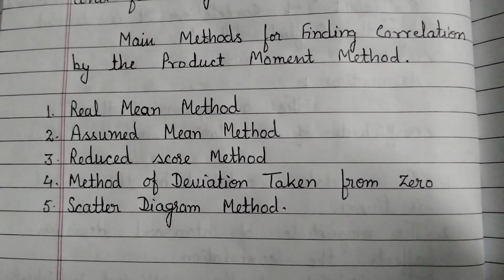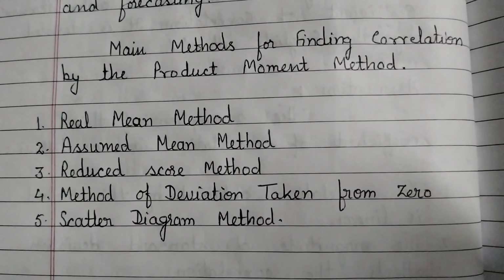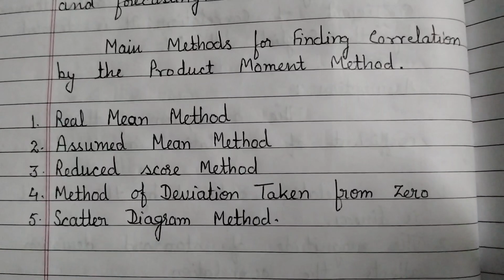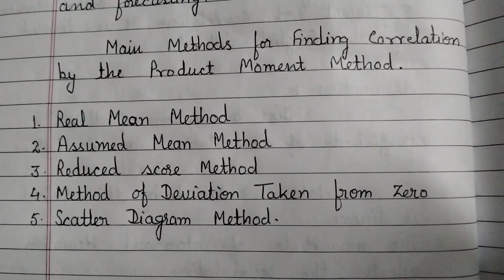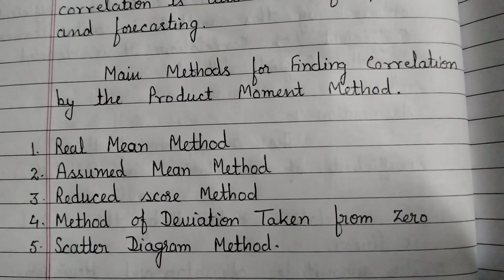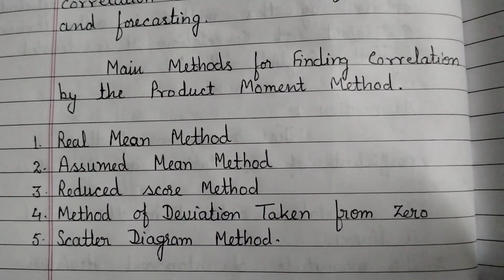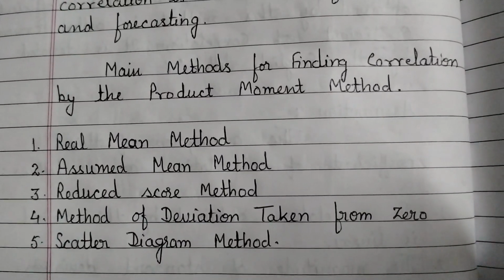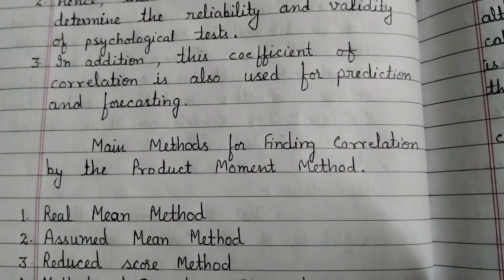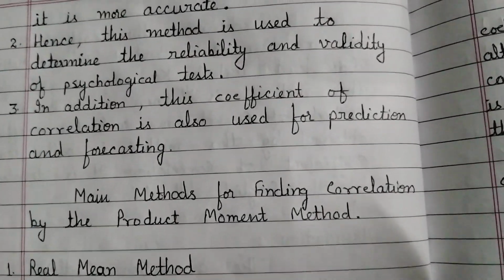So there are 5 ways through which correlation with this product moment method is calculated. So again I am repeating: first is real mean method, assumed mean method, reduced score method, method of deviation taken from zero, and fifth is scatter diagram method. One by one I will take up in next coming parts. I will cover all these product moment methods.